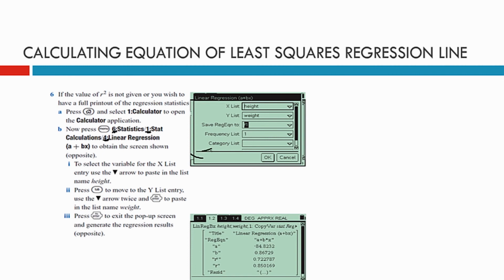Now you can select the variable. Now we've got height and weight again. Okay, save the regression equation to F1. You don't need to change that. That will be in already. Press OK. Okay, once you do that, or press Enter, you'll get the screen that you see right here, and it tells you what the R squared is, and just read it off there.